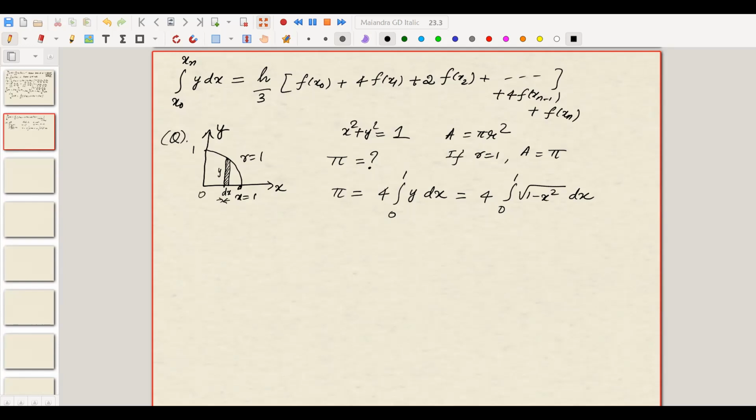Then for i in range 1 to n, you can see x equals a plus i times h. That means every time the for loop runs, it will take new x coordinates, right? You already have trap as FA plus FB.